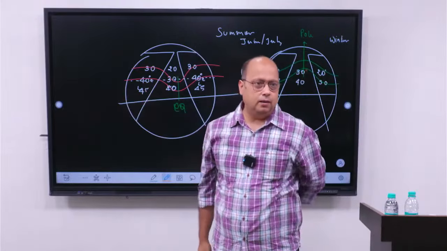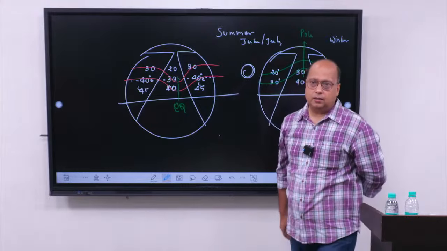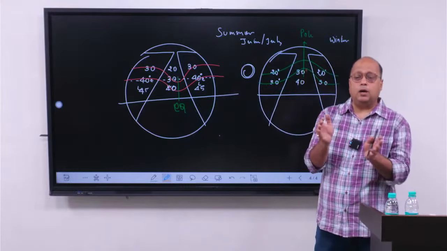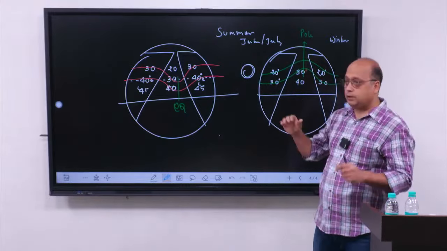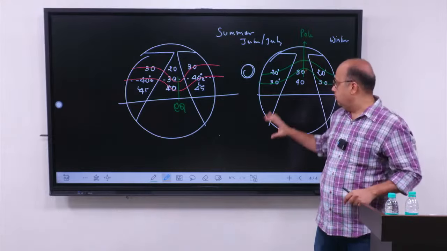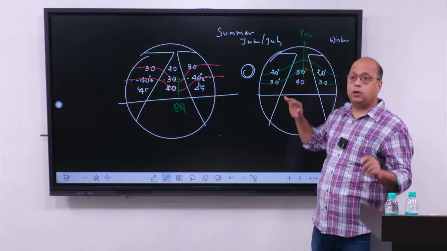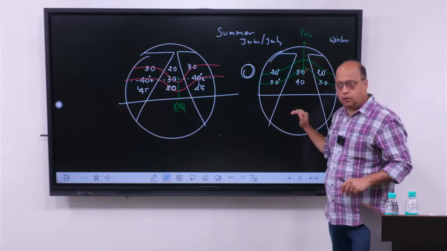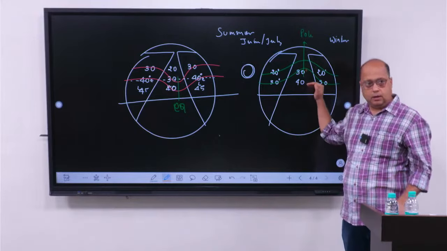So where are the isotherms more concentrated and irregular, northern hemisphere or southern hemisphere? Northern hemisphere.